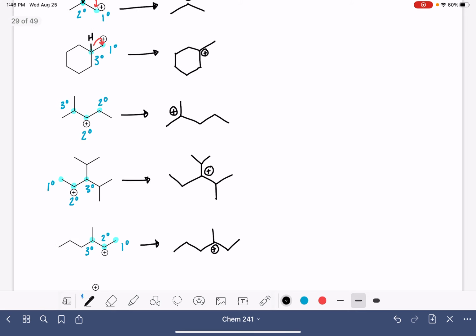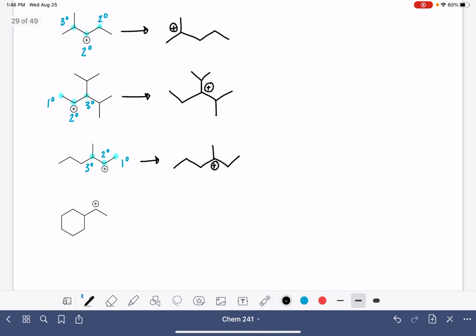And then down here, we have another example. Here's our positive charge. Here are the carbon atoms that are attached to it. Let's classify them from left to right. We have tertiary, we have secondary, we have primary. Let's shift that positive charge from the secondary to the tertiary.